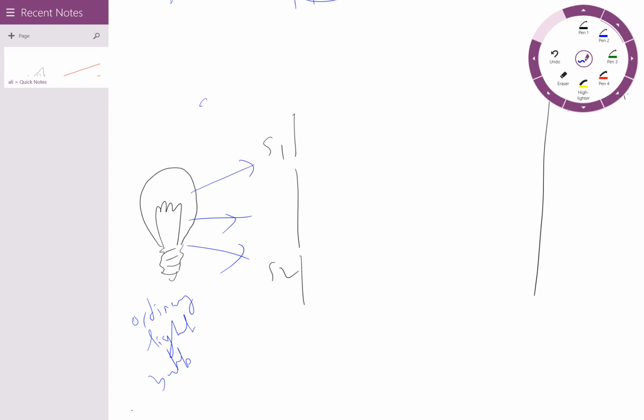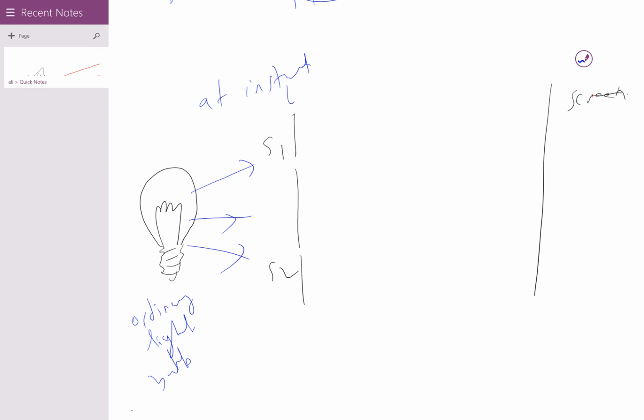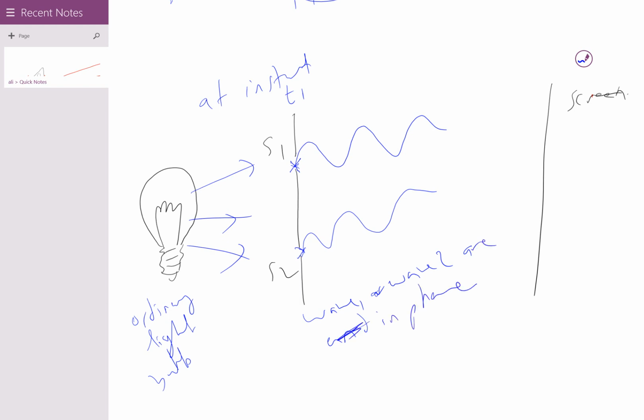Suppose at instant t1, the wave emitted from S1 is of this form and the wave emitted by S2 is of this form. You can notice here that the wave at S1 and the wave at S2 start from the same position, so they are in phase. Accordingly, wave 1 and wave 2 are in phase. Therefore, the phase angle between them, I'm going to call it phi, is 0.